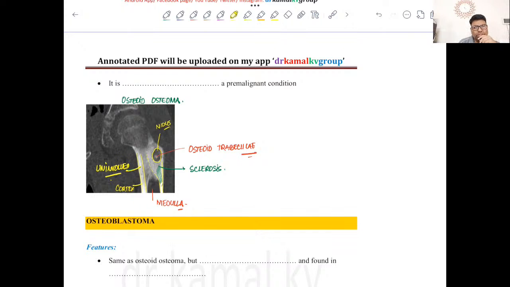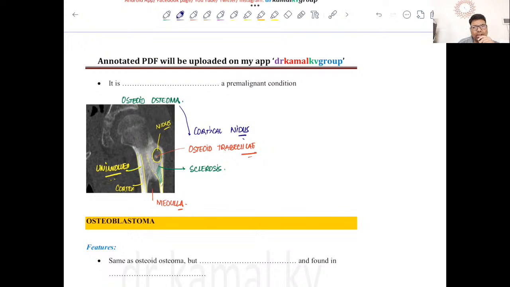And this kind of presentation you will not find in any other condition. So this is osteoid osteoma, a cortical lesion, right? So we will see a cortical nidus. Very easy to identify on X-ray. Now this is the AP view.